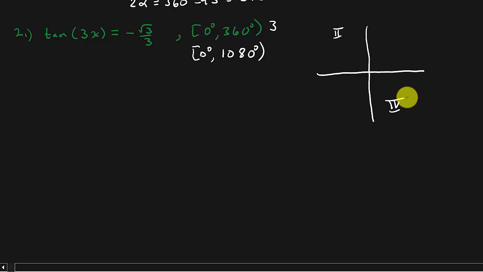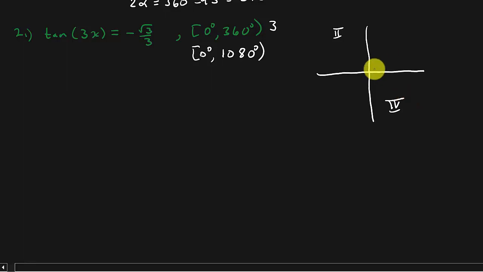You see that? So remember what I told you at the beginning of the video, and if you watched the first video, what did I say? You determine what quadrants your solutions are in. All right? Determine what quadrants your solutions are in. And then find your reference angle.